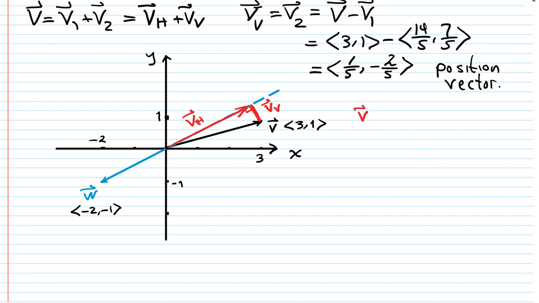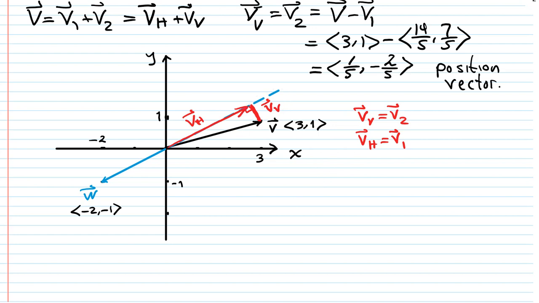Again, in your book, the vertical component is called V2 and the horizontal component is labeled V1, just so you know. The horizontal is the projection. Now I need to decide whether this vertical component is going to go this way or that way. Well, let's see.